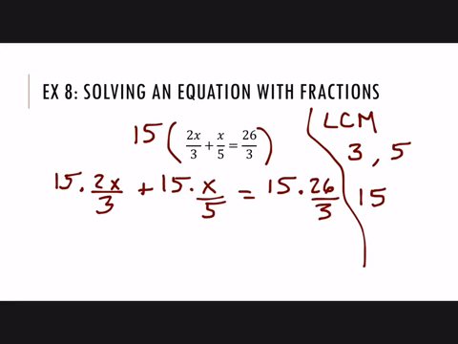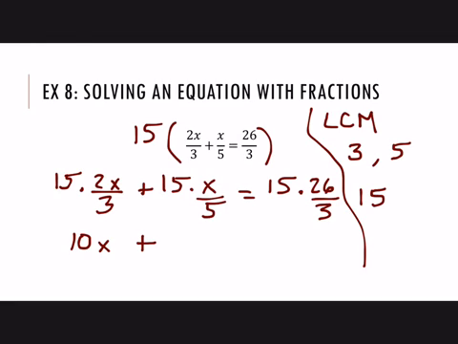Now I prefer to divide and then multiply. So at this stage you can either do 15 times 2 divided by 3, or you can do 15 divided by 3 times 2. Either way you'll end up with 10 for the coefficient, and then we still have an x.